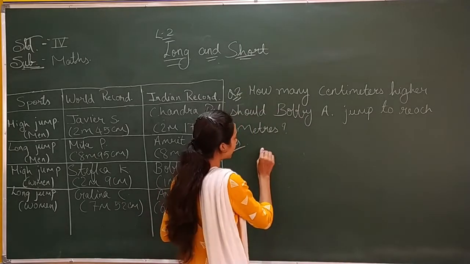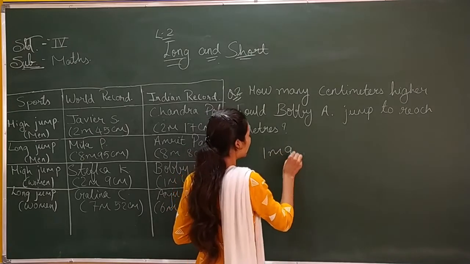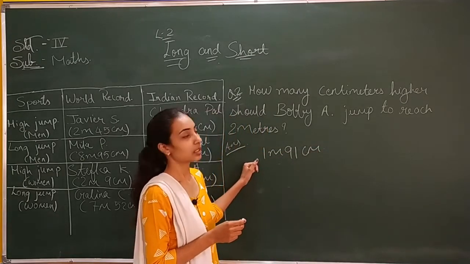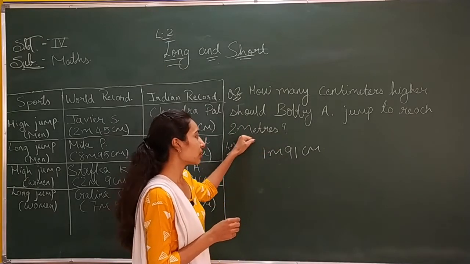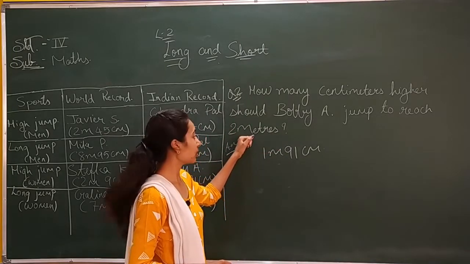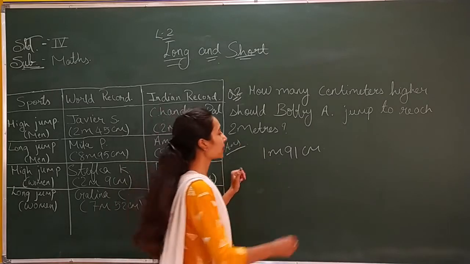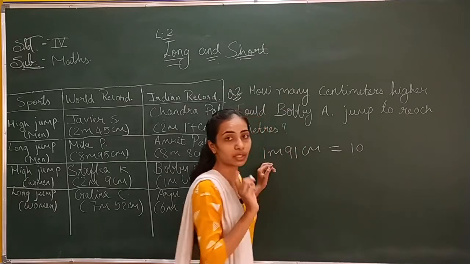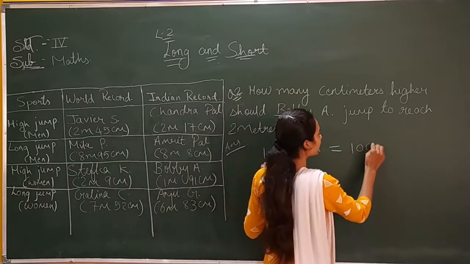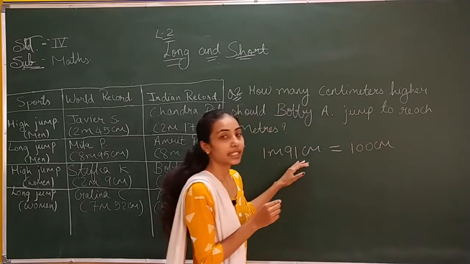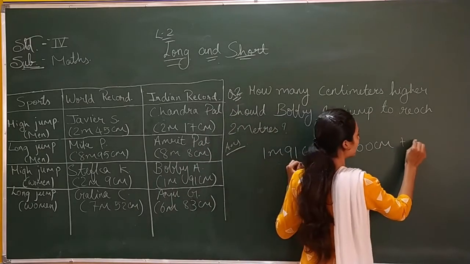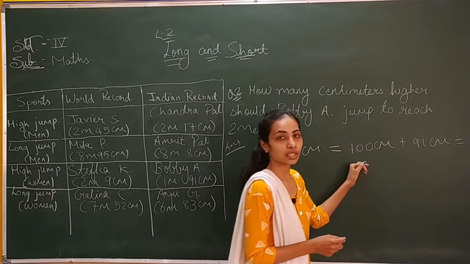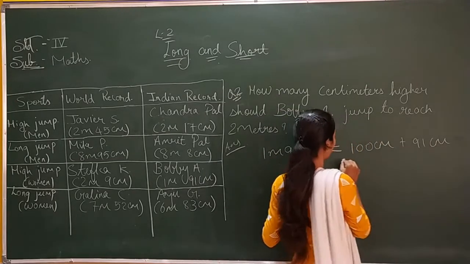So first let us write how much she is jumping. She is jumping 1 meter 91 centimeter. Now to reach 2 meters, obviously 2 meters is more than 1 meter 91 centimeter. 1 meter is 100 centimeter, plus 91 centimeter, so 100 plus 91 is 191.